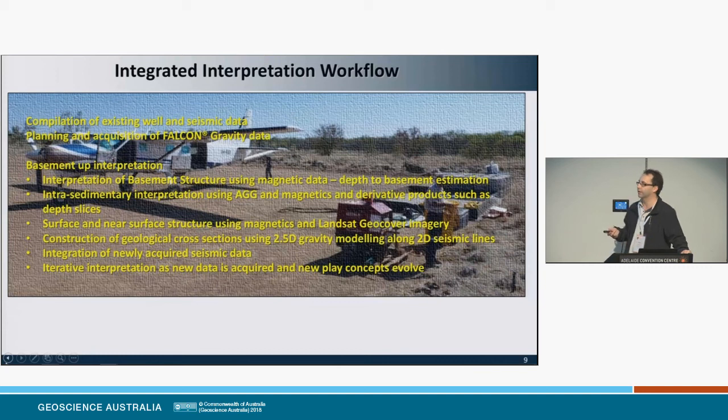However, the old data had the longest profiles, so it was difficult, but I think it helped with the interpretation in the end. And then we also integrated some newly acquired seismic data that Buru got in 2014.